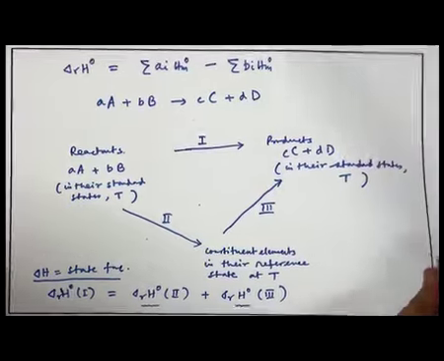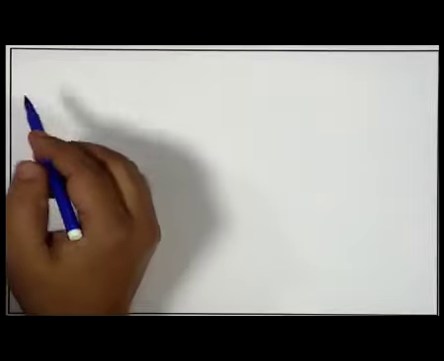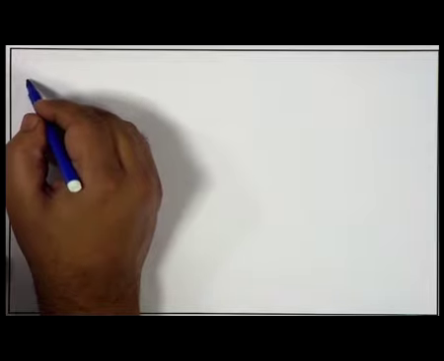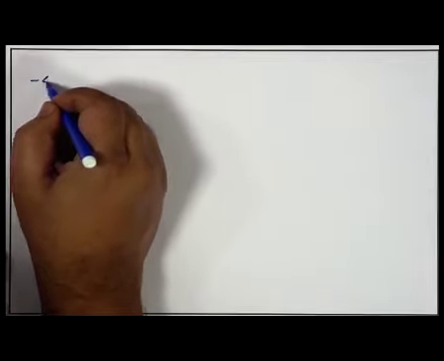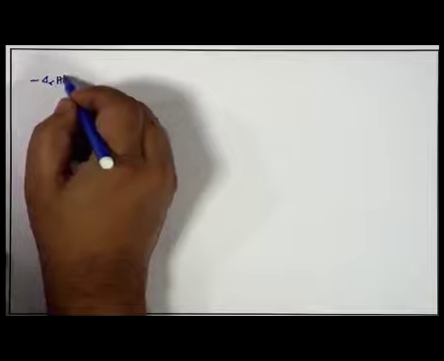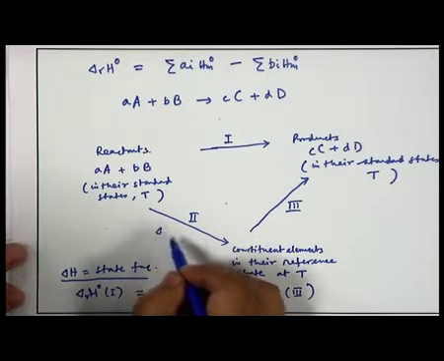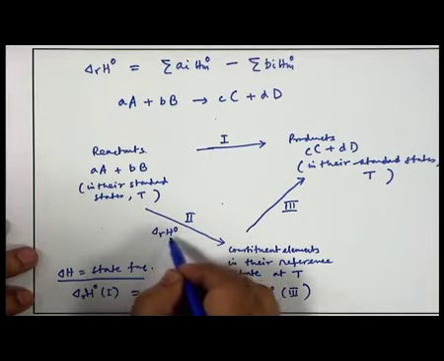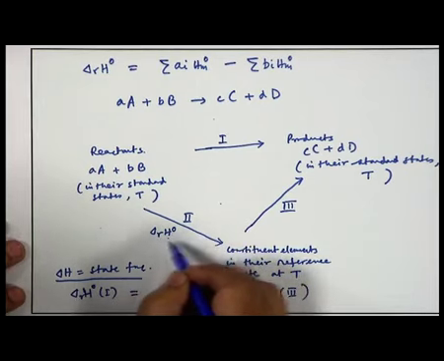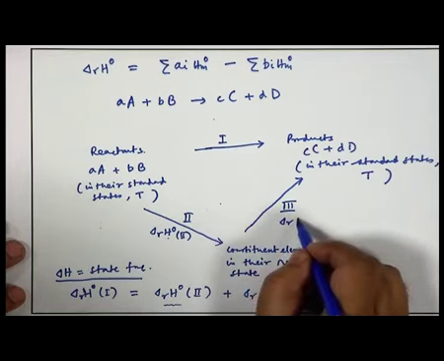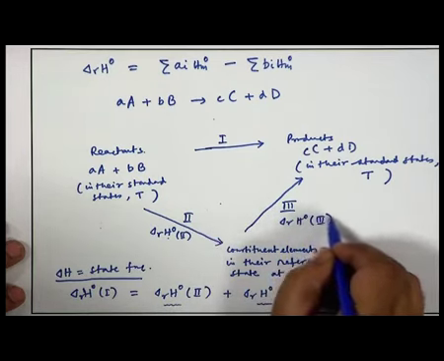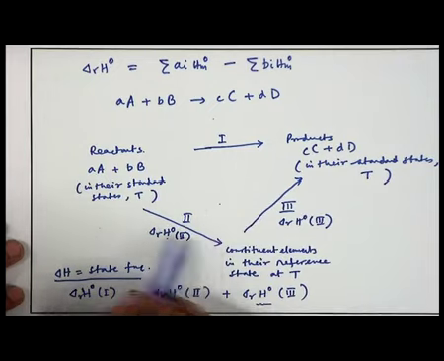So, we can write the second reaction minus, so this is delta R H 0 for second reaction 2 and this is delta R H 0 for third reaction. Now, this is reverse of the formation reaction, so we are putting minus sign.